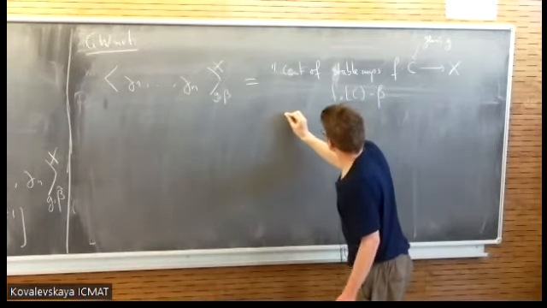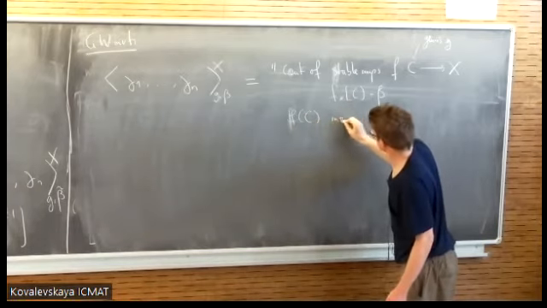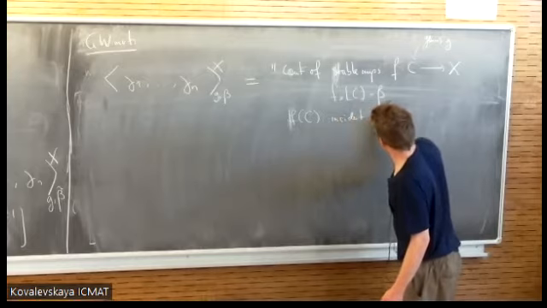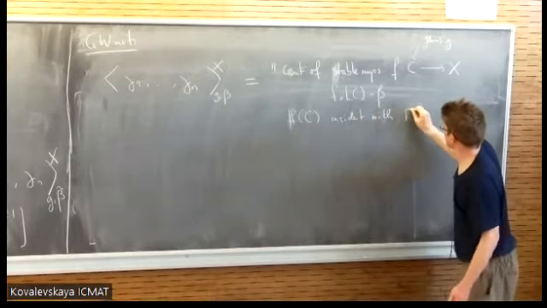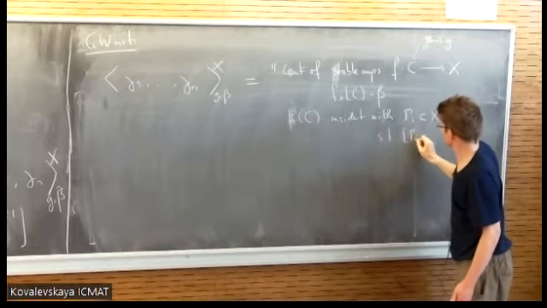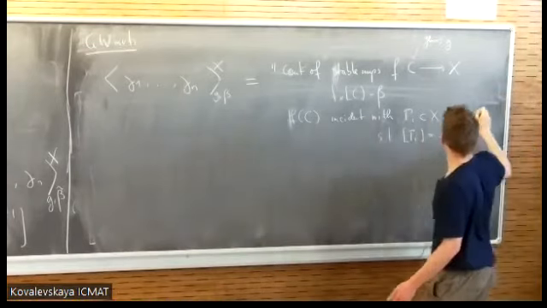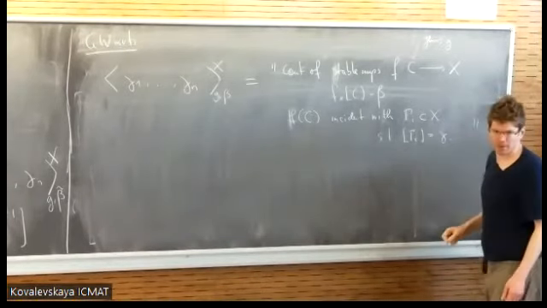So f of C is incident with cycles gamma i such that the class of this gamma i is Poincare dual to this gamma. So what does it mean, incident?